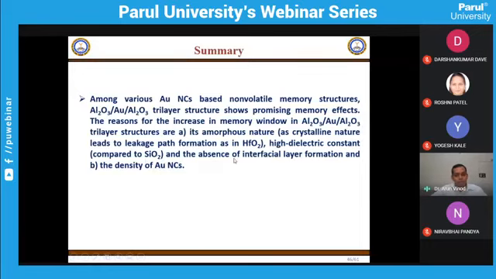In the case of Al2O3, we have not seen any interfacial layer formation, unlike what is seen in hafnium oxide and the SiO2 tunneling layer at high temperature, which was previously discussed with XPS. Another reason can be the density of gold nanocrystals in the Al2O3 matrix.